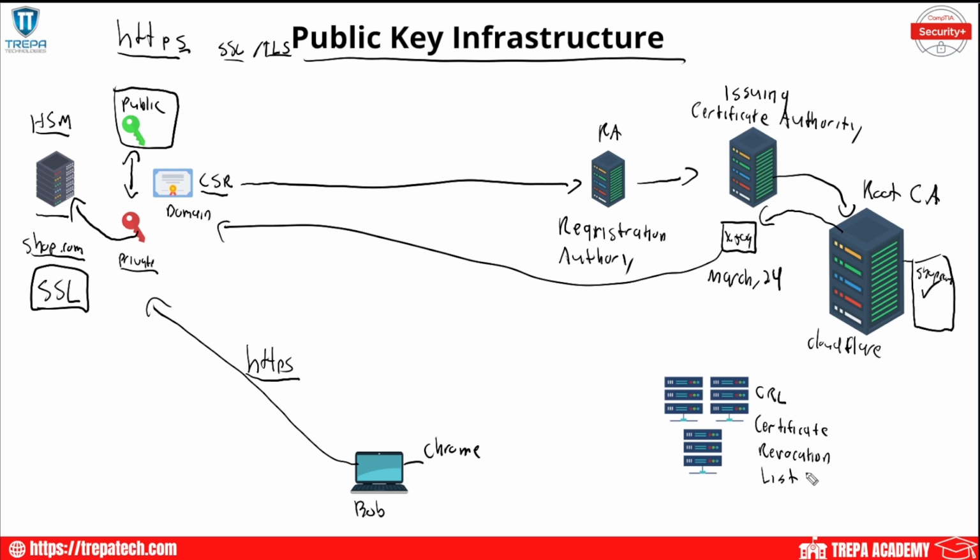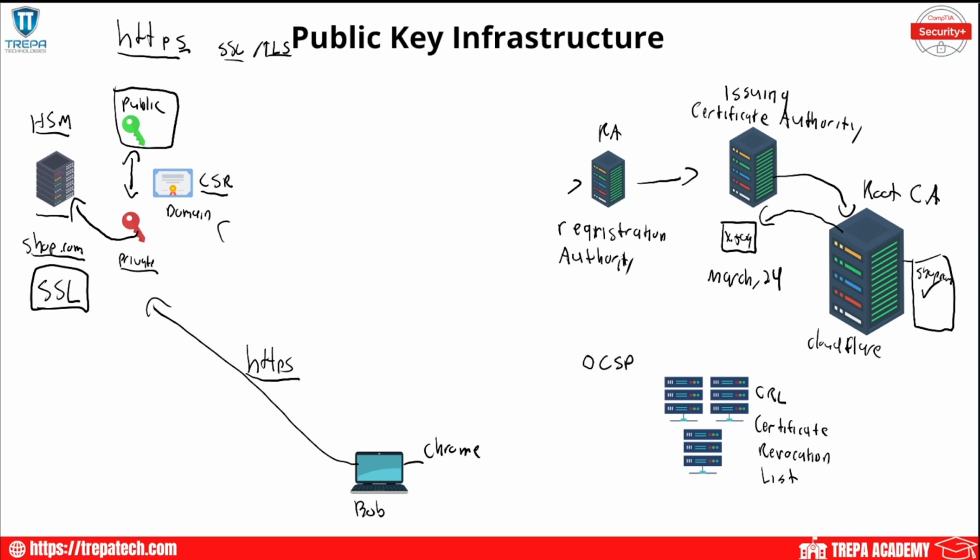Or we have other servers or services called OCSP, which stands for the Online Certificate Status Protocol. So your web browser here can reach out and actually get the CRL list. You can download it, and you can also use OCSP, which is an actual service.